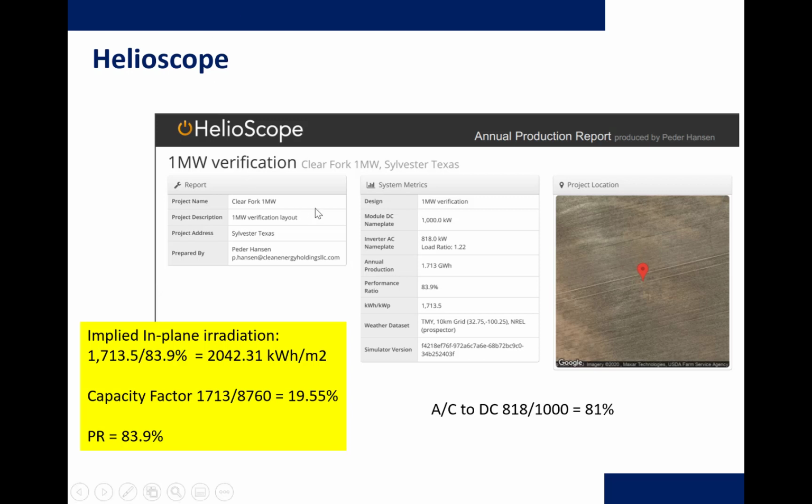They didn't want to pay for PVsyst, so they got this one and put 1 megawatt in, and they said, here's our performance ratio that plops out of this, and let's go to the bank. And they implied the performance ratio was 93.